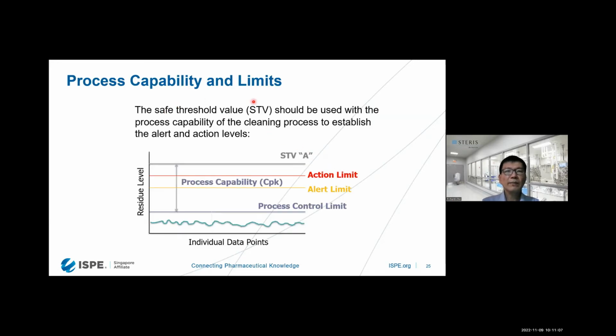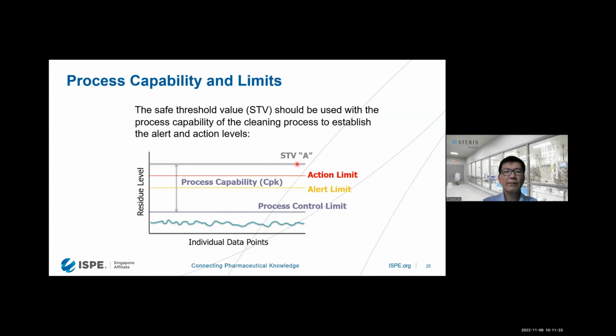So of course, the process capability and limits. When you have the cleaning process or cleaning validation and you have enough data, you want to make sure that your cleaning process is capable to meet the acceptance criteria consistently. So this is a good way to ensure that your cleaning process is capable. So you can look at the chart basically.